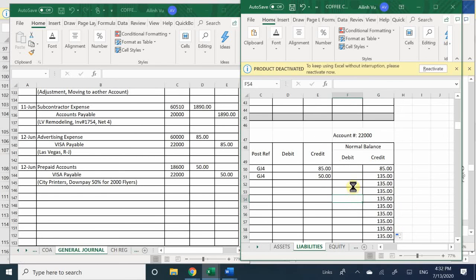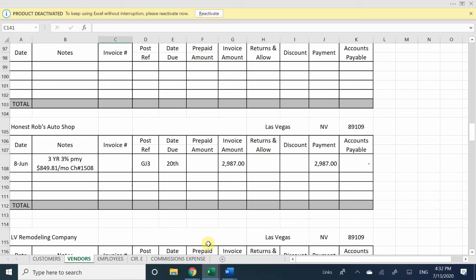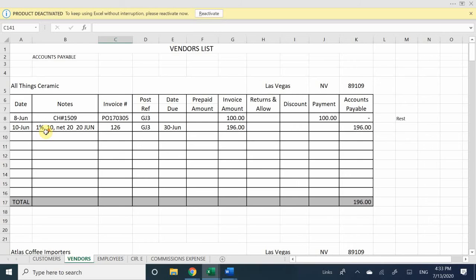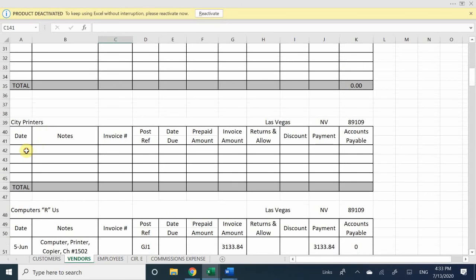All right, and then lastly, we need to update our subsidiary ledger under City Printers, page 4. We're going to indicate the date, and then that this is 2,000 flyers, 50% down, DP for down payment.